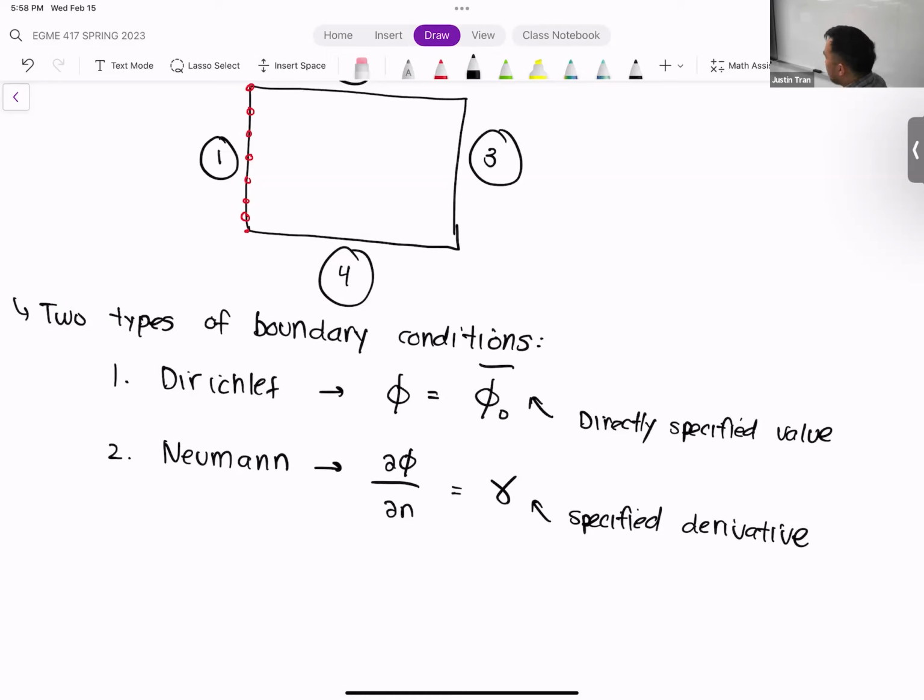All right, so everything that we learned in 1D about how to apply these boundary conditions, we're going to apply in 2D as well. The biggest difference here is that, because the boundary conditions are being applied on an entire side of the domain, we have multiple nodes that we need to apply these boundary conditions on.